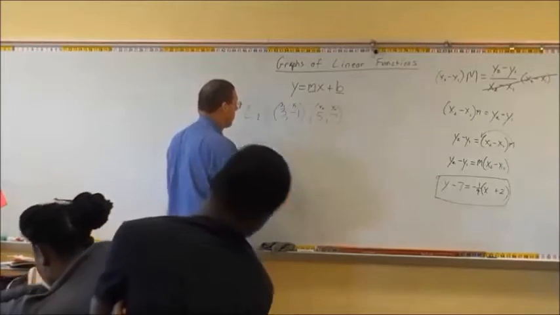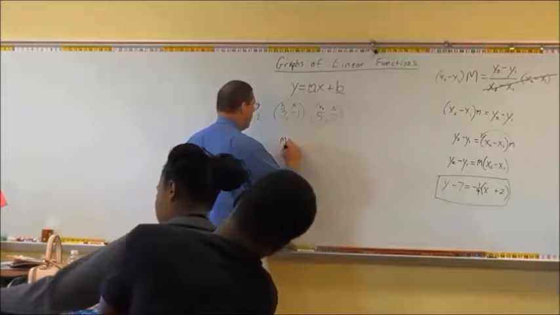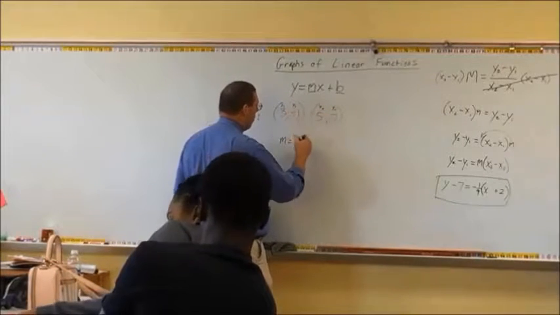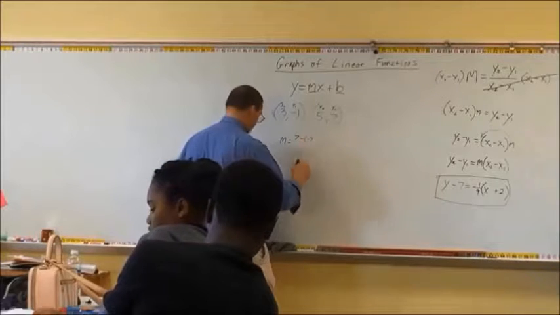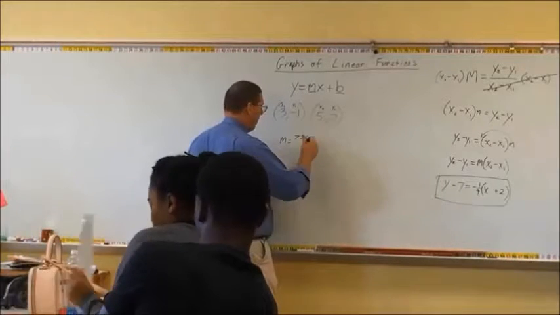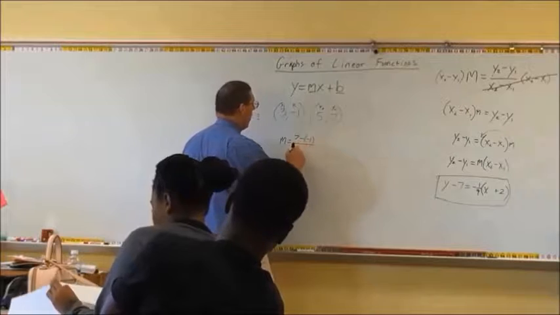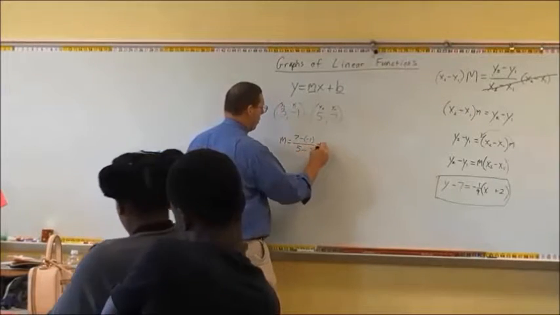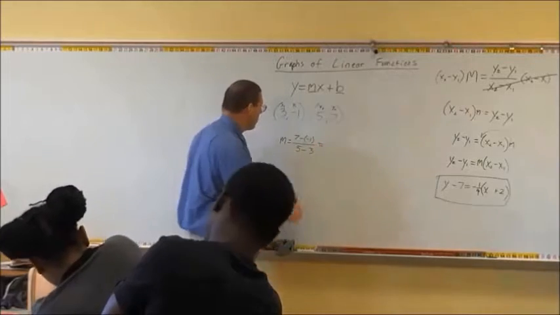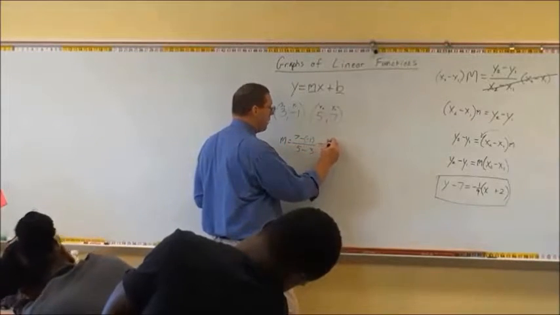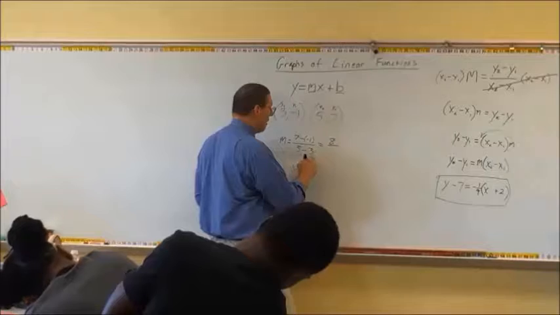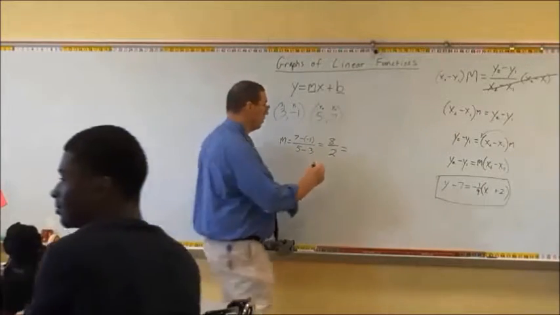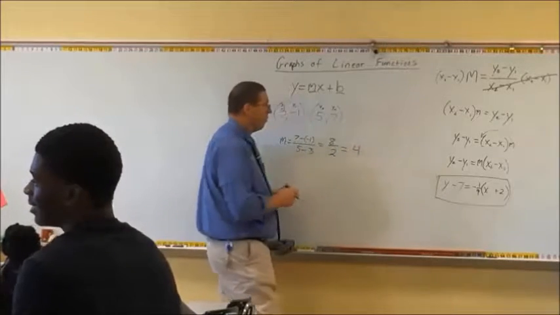And so to find the slope, slope will be y2, 7, minus y1, negative 1, over x2, 5, minus x1, 3, right? And so 7 minus negative 1 is 8, and 5 minus 3 is 2, making the slope 4. Okay? All right, so we got a slope of 4.